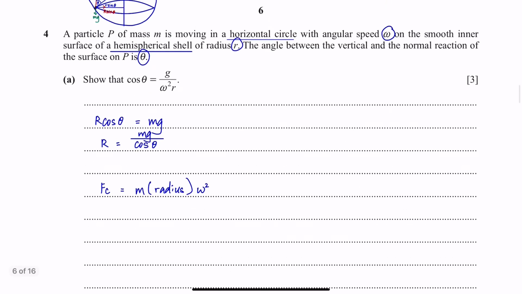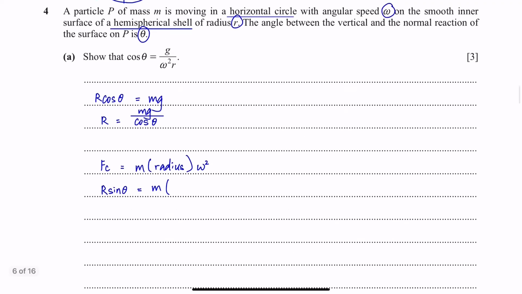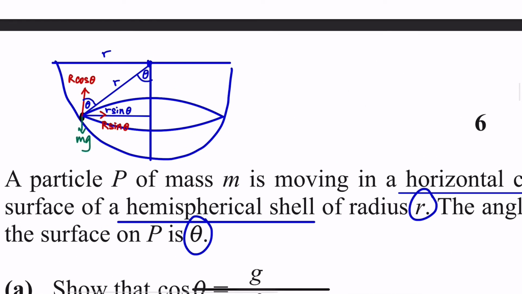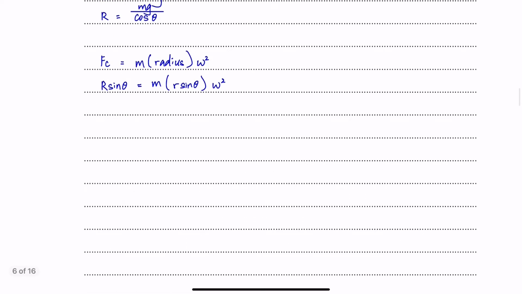So now we know that the centripetal force is just R sine theta. So m is still m. Radius of the circular motion, like what we said just now, is r sine theta. So we have r sine theta times omega squared.